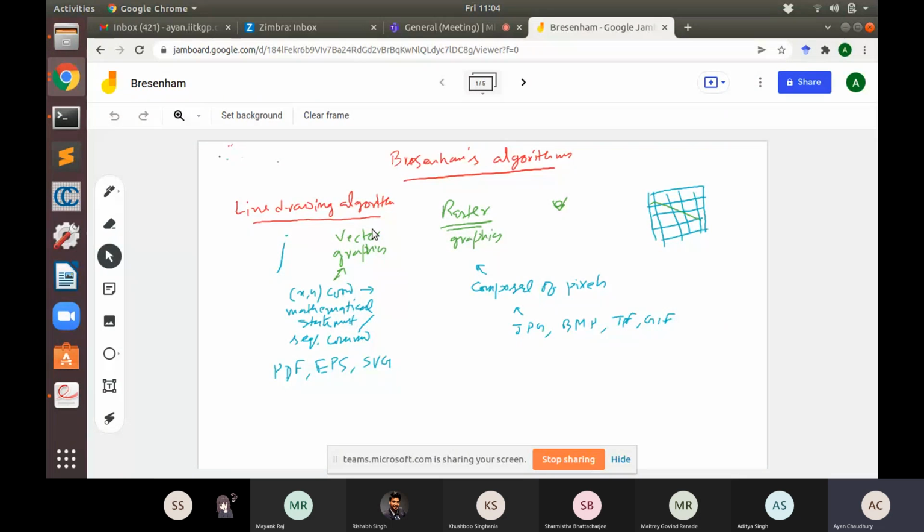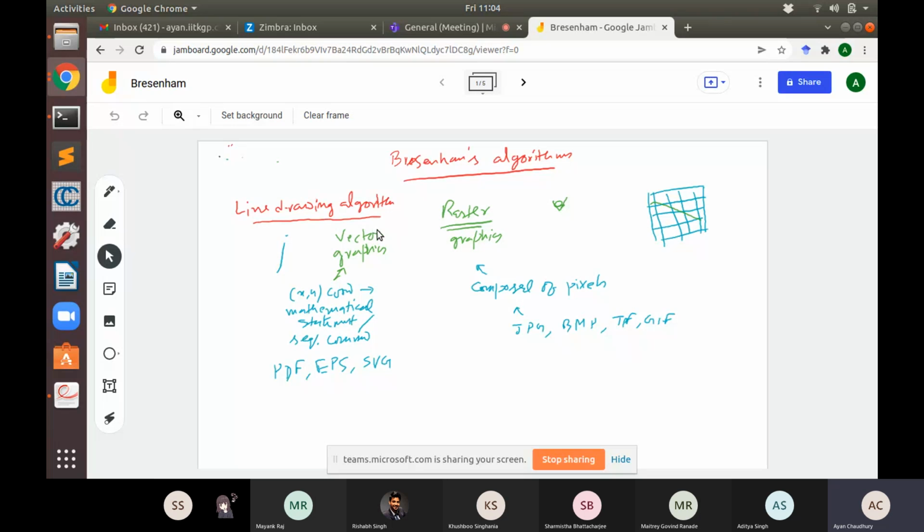Vector graphics is more of a mathematical statement or sequential command, where you specify the mathematical operations, and examples are PDF files, EPS files, SVG files. Raster graphics is more on pixel manipulations, where you paint your pixels or turn them on and off, and the examples are typical image formats like JPEG, BMP, TIFF.